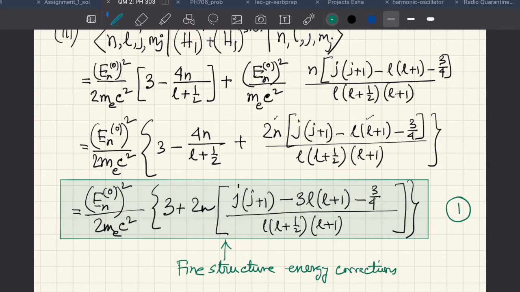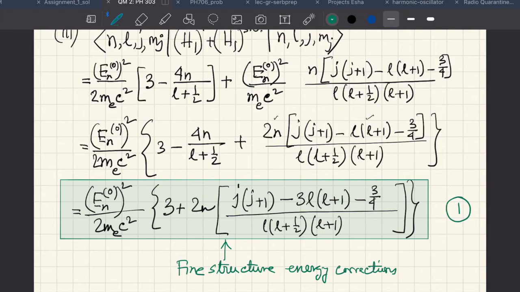In this equation 1, there is no explicit dependence on Mj, therefore the degeneracy within the multiplet will not change. However, this formula hides some additional degeneracies. Let us look at those degeneracies.